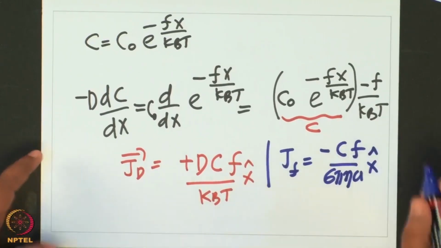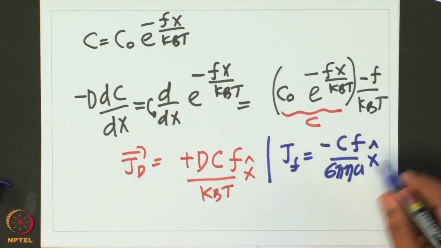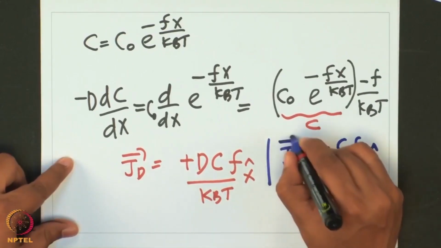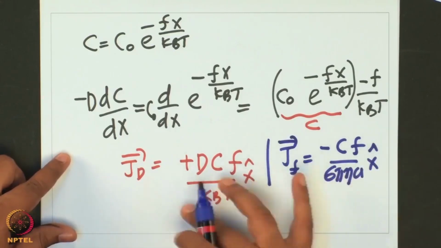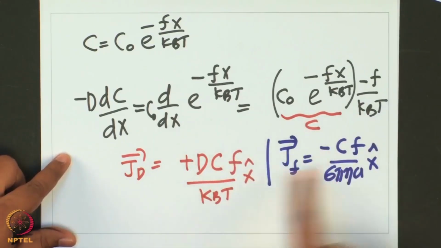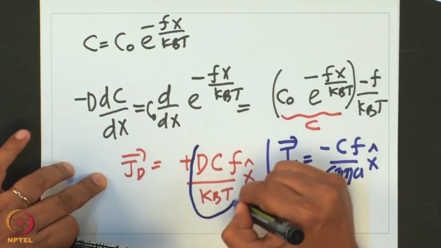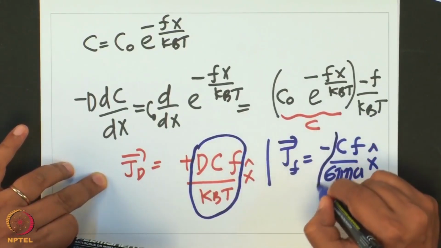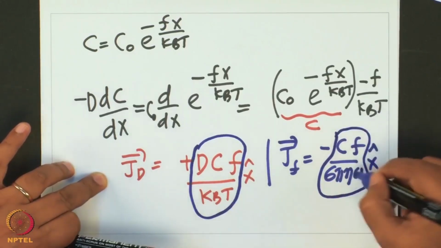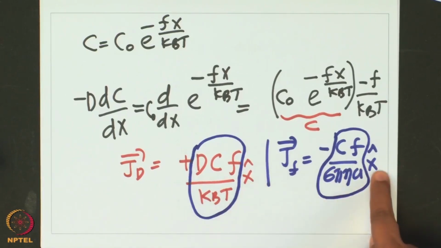If they are equal and opposite, one has to equate these two, and with the fact that they are opposite, I can essentially equate the magnitudes. So let us equate the magnitude of this, which is D C F by kBT, and the magnitude of this, which is C F by 6 pi eta A. This is along the plus x direction, and this is along the minus x direction.